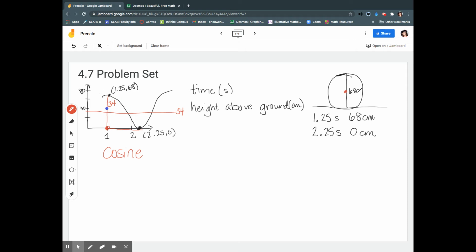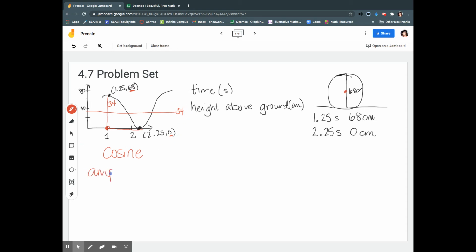The middle and the amplitude aren't always the same. The only reason they're the same here is because the bottom is 0. In most situations, the bottom is not 0. So once you find the amplitude, you would have to subtract it from the highest number or add it to the lowest number. We can check to make sure we're correct, because 68 minus 34 puts us at a midline of 34. 0 plus 34 puts us at a midline of 34.